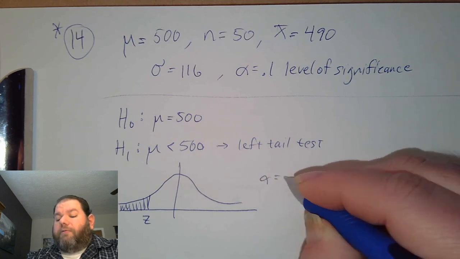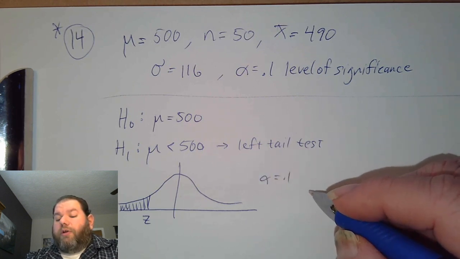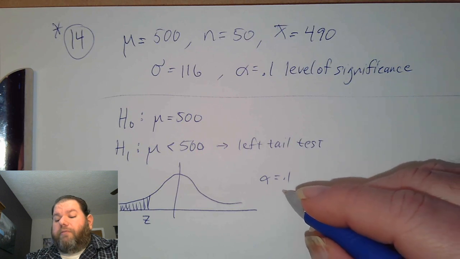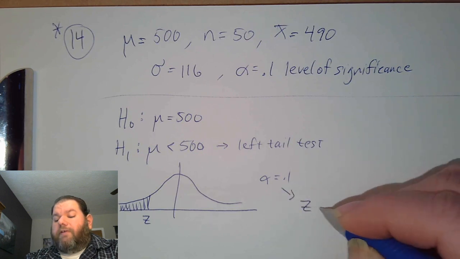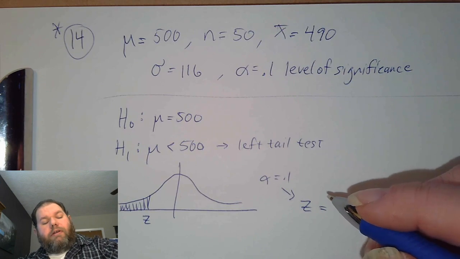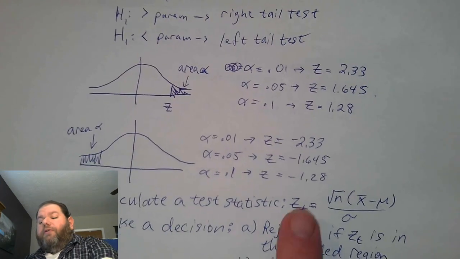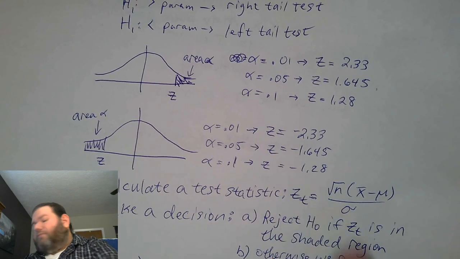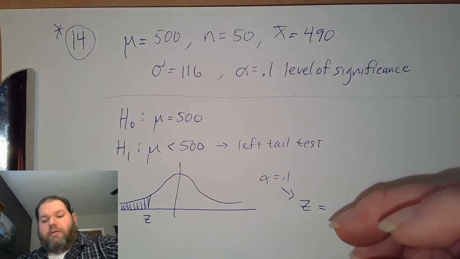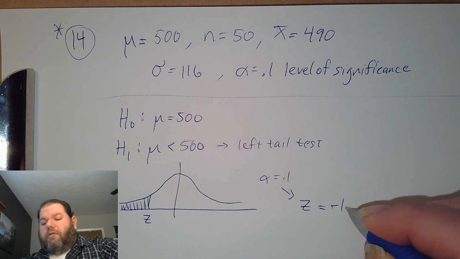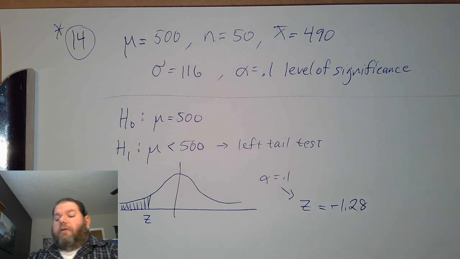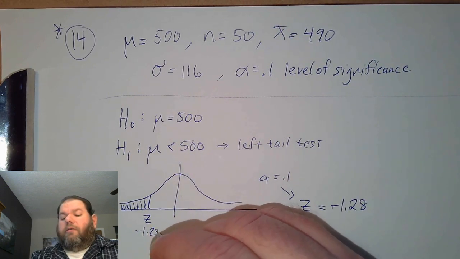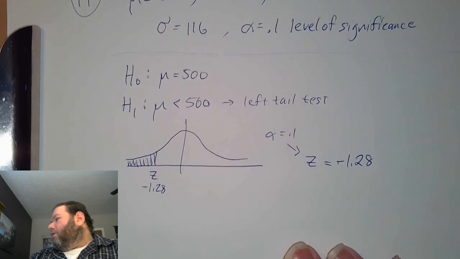So alpha equals 0.1, that gives us z equals, and for our left tail we'll use negative 1.28.